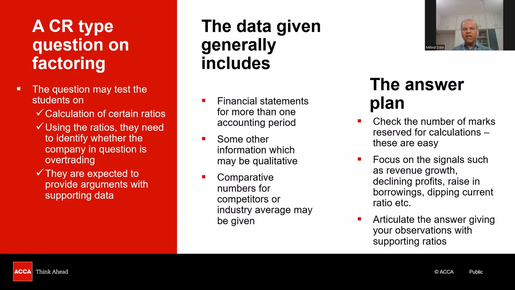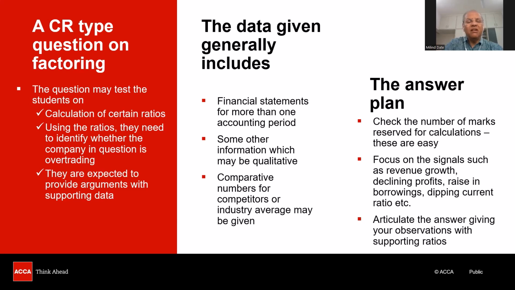So even if you give calculations very correctly, but concentrate only on calculations and give 20 ratios, what you are going to get maximum is 4 marks. And you will be left with no time, unfortunately, to concentrate on the qualitative part of your answer.